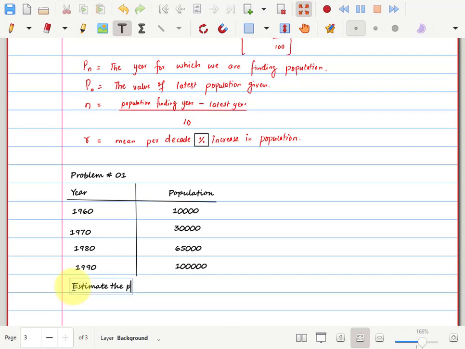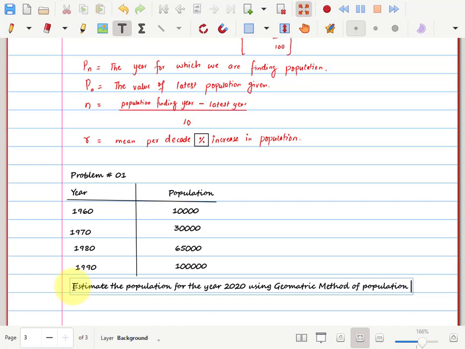Now we need to find the population in which year. Estimate the population for the year 2020 using the geometric method of population forecasting.